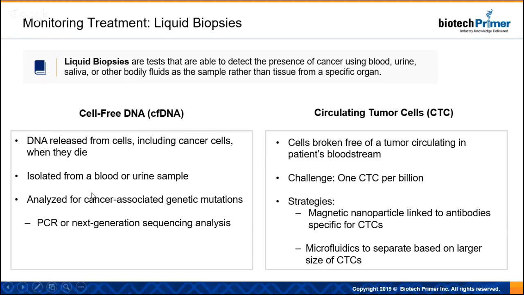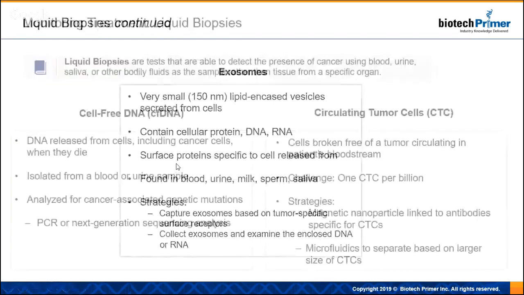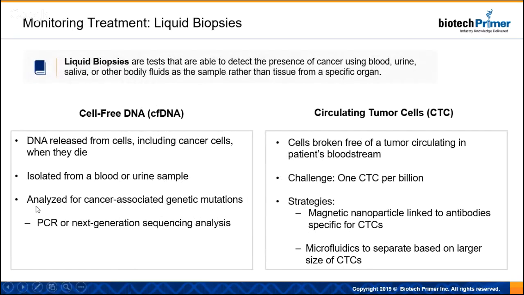And that DNA then is in a blood sample, or in many cases, also in a urine sample. And so we can collect DNA and use PCR technology or sequencing analysis to see what level of tumor cell DNA is associated with that sample.